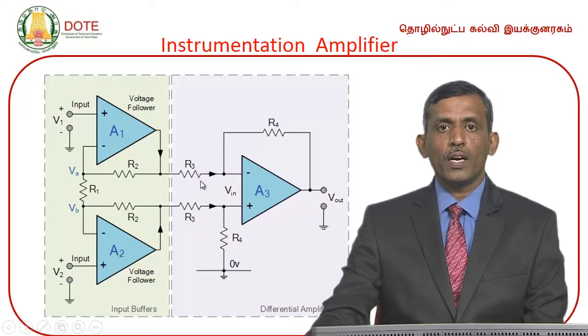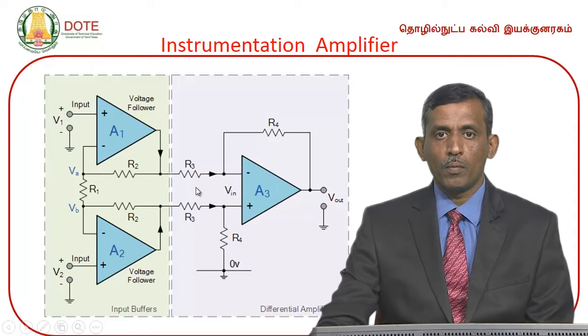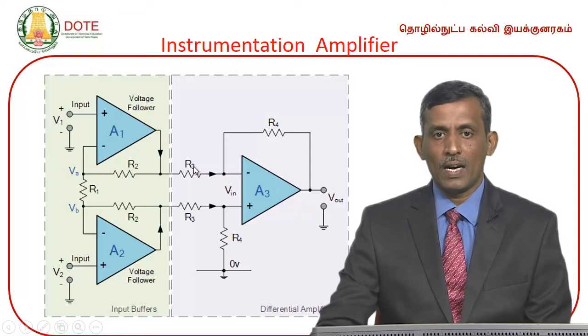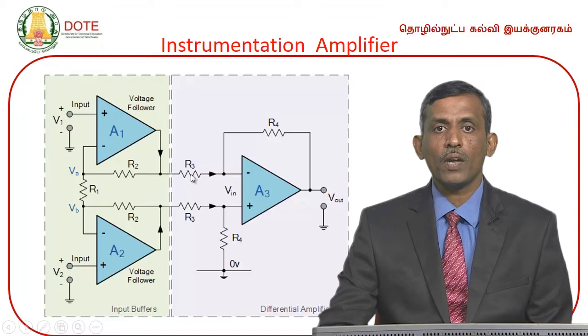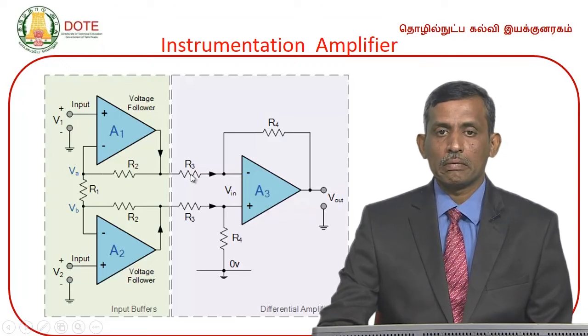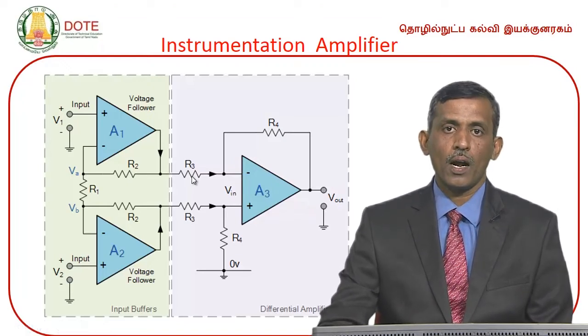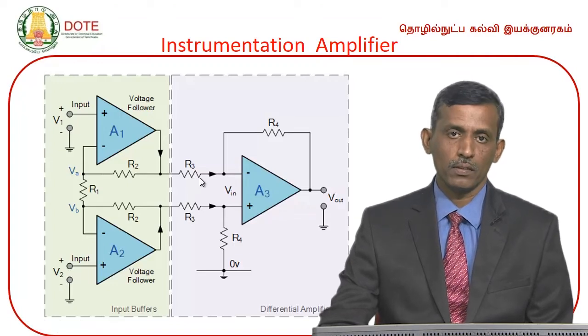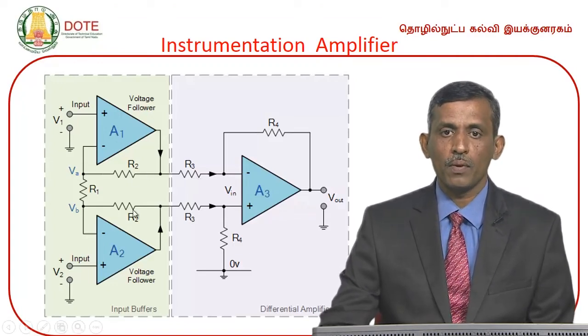We have very clearly understood so far in all the modules how to analyze an op-amp circuit. First you have to identify in which mode the particular device has been configured. இப்போ இந்த சர்க்யூட்டில் 3 ஆப்ரேஷனல் ஆம்ப்ளிஃபையர் இருக்குது.